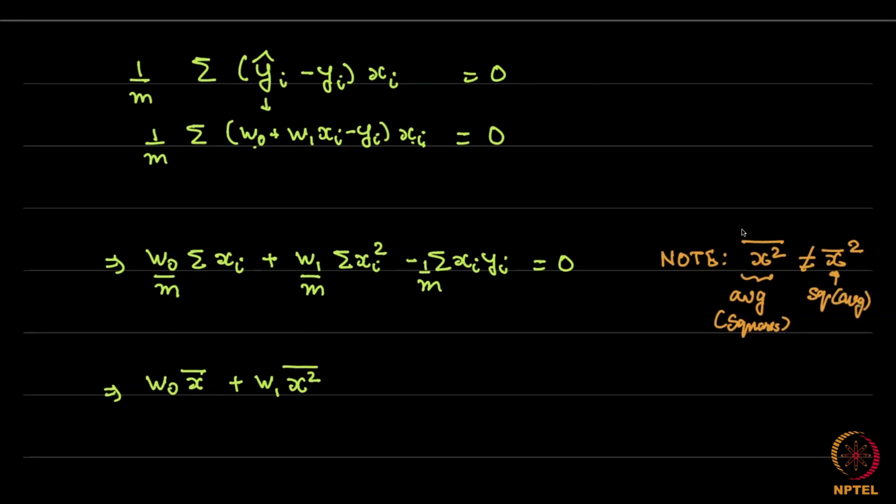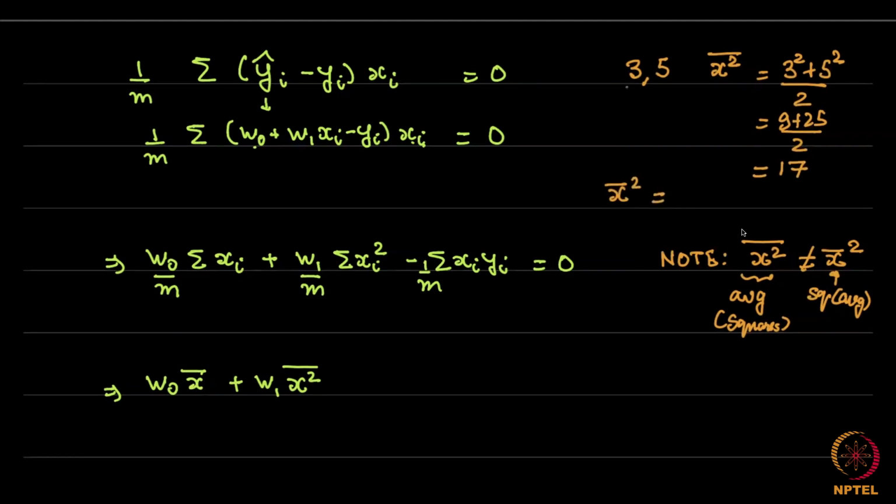Okay. So for example, if you have the numbers 3 and 5, then x square bar would be 3 square plus 5 square by 2. So that is 9 plus 25 by 2, 34 by 2, so 17. Now x bar square, what is x bar?